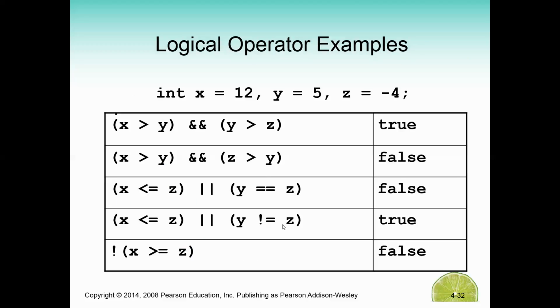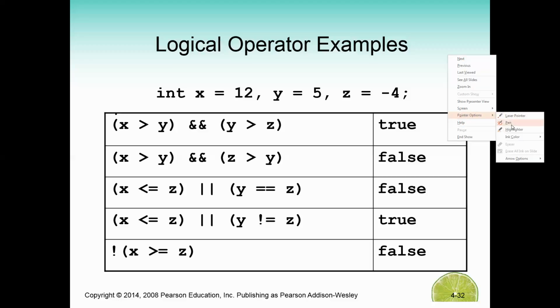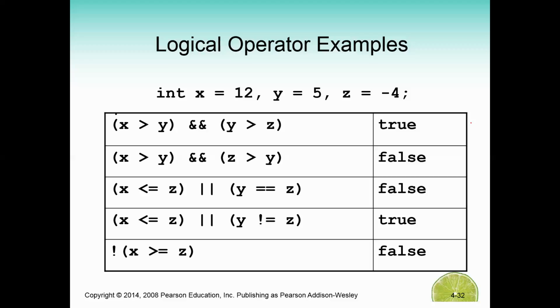So this is the way that we're going to be coding it. We're going to be using an if statement, and then in parentheses both conditions surrounding the operators, the AND and the OR.